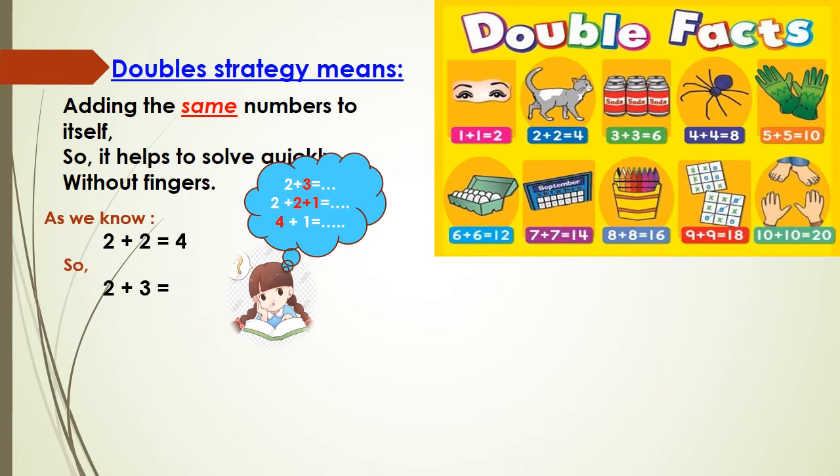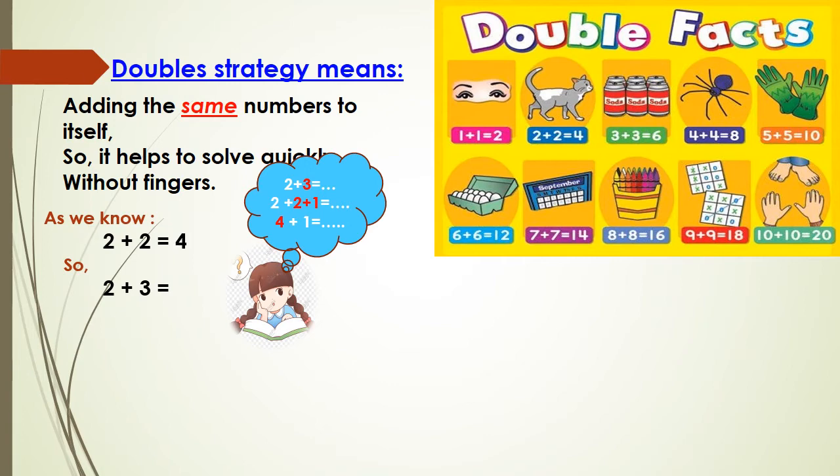We want to use doubles. First, 2 needs what to be double? 2 needs another 2 to be doubles. So, we have to break down 3 into 2 numbers added together. So, 3 can be 2 plus 1.